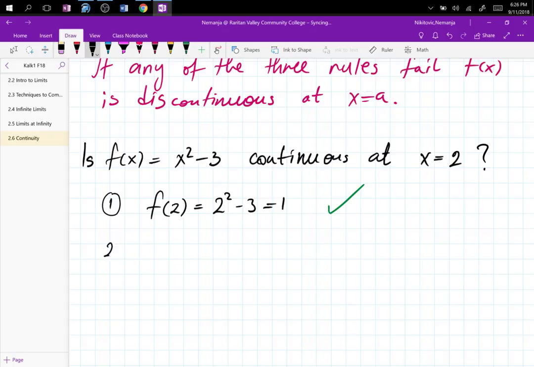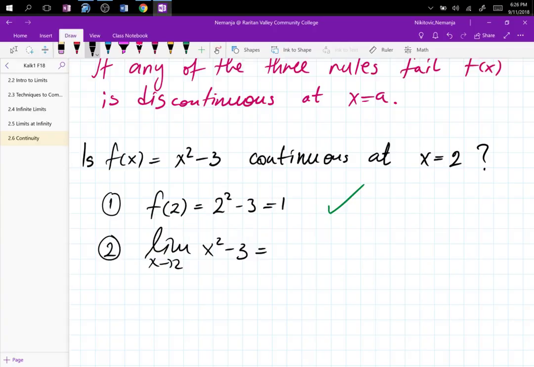Number 2, we need to figure out the limit as x goes to 2 of x squared minus 3. Now, there is nothing fishy going on here. There are no denominators to be 0 or square roots to give you an imaginary number, a square root of a negative, right? So none of the stuff that would create something weird is there.